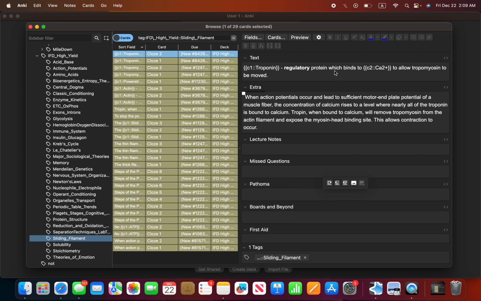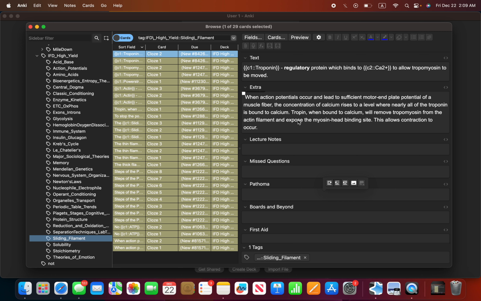When action potentials occur and they lead to sufficient motor end plate potential of a muscle fiber, the concentration of calcium rises to a level where nearly all of the troponin is bound to calcium.